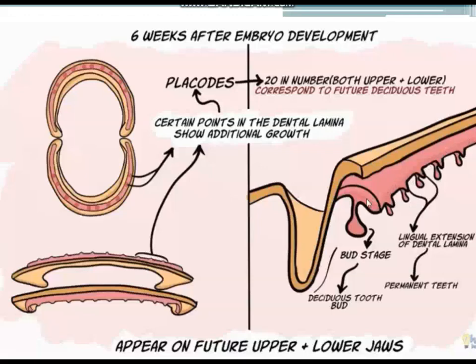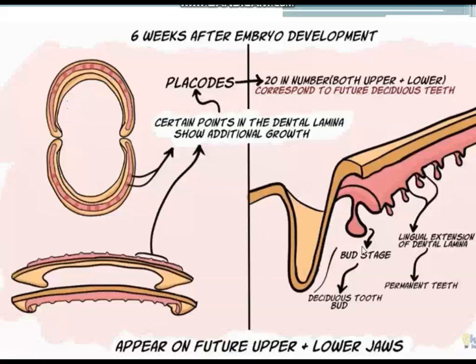From the dental lamina, in the 7th to 8th week of gestation, extensions will develop. They are called buds, formed as a result of division of these cells, and remember that it is a derivative of the ectoderm germ layer. We will see 10 buds along the mandibular arch and 10 buds along the maxillary arch.